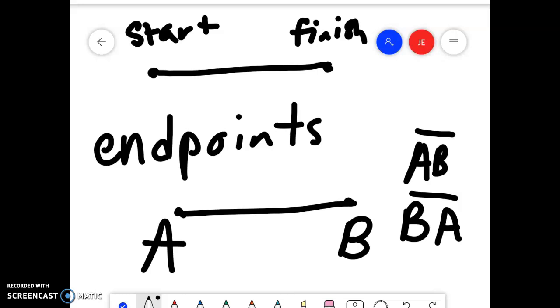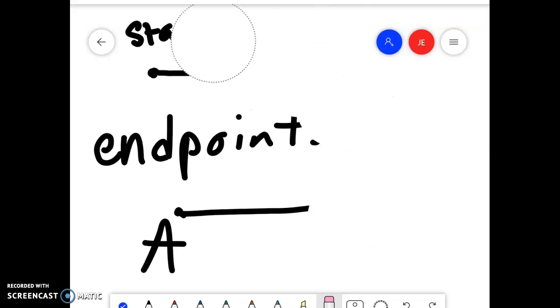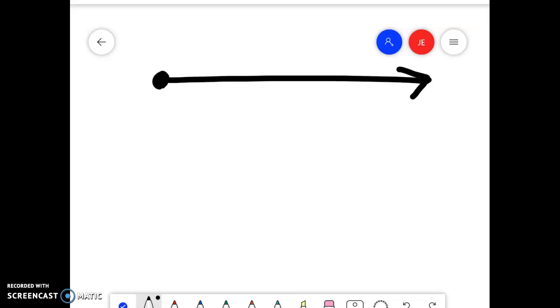So we could also take a look at some other ways you can use endpoints. Endpoints can also be parts of other geometry terms. Here's a point, and if I have a line working in multiple directions, if it has an endpoint in there as well as a continuation in one direction, I would call that a ray.